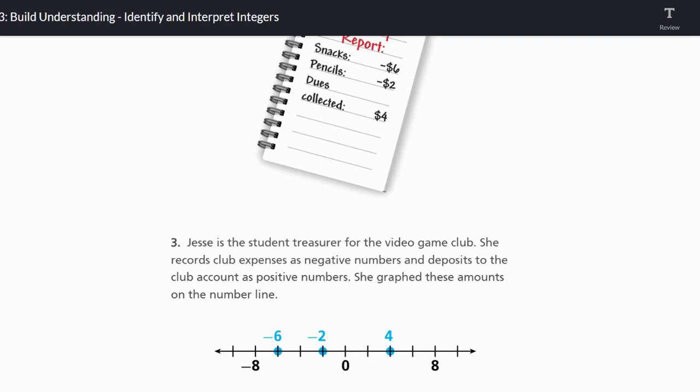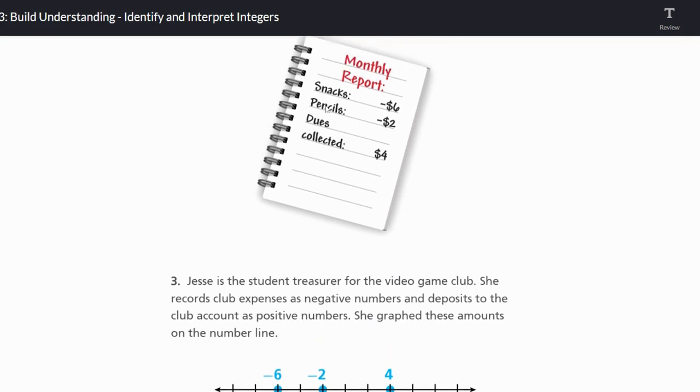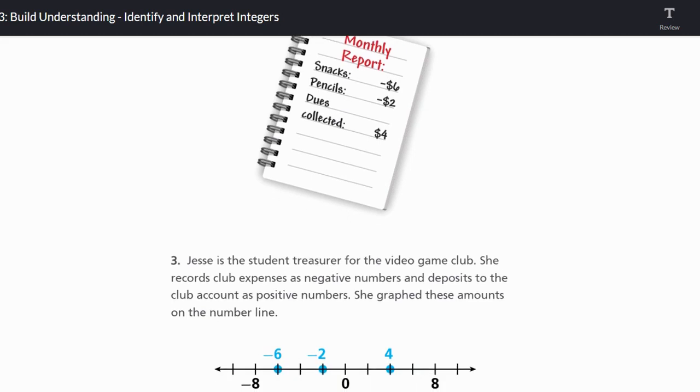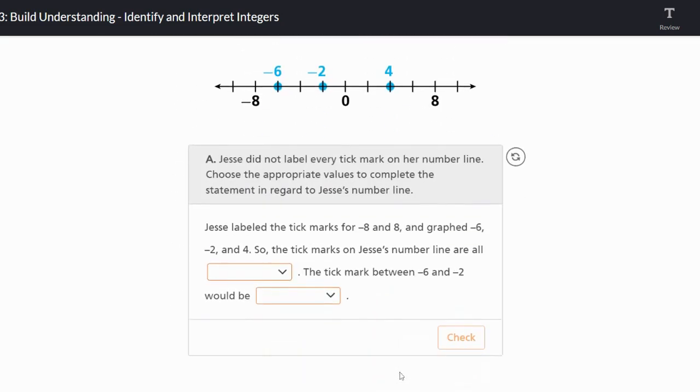She records club expenses as negative numbers and she deposits to the club account as positive numbers. She graphed these amounts on the number line. So snacks cost the club -6. So it cost the club $6. That means -6. Pencils cost them $2, but they collected 4.